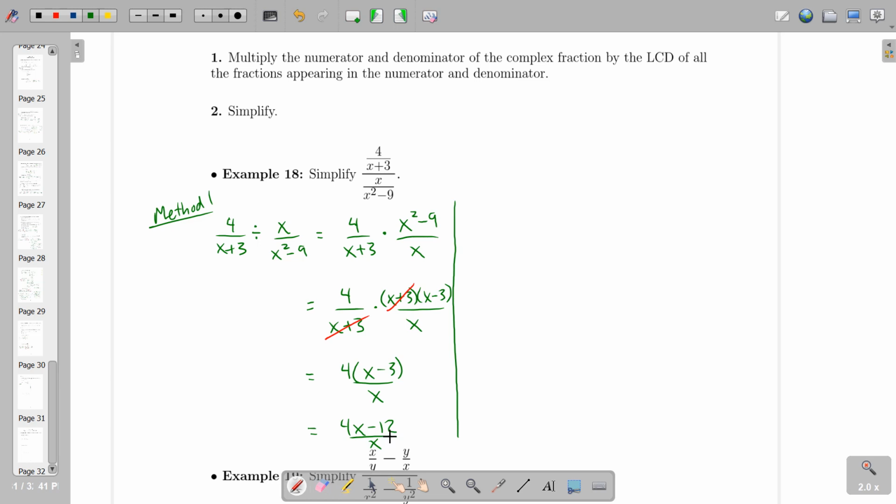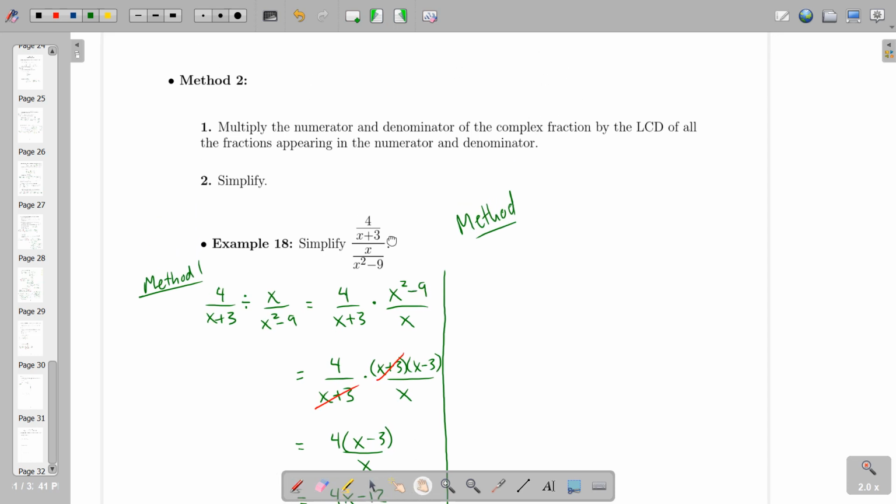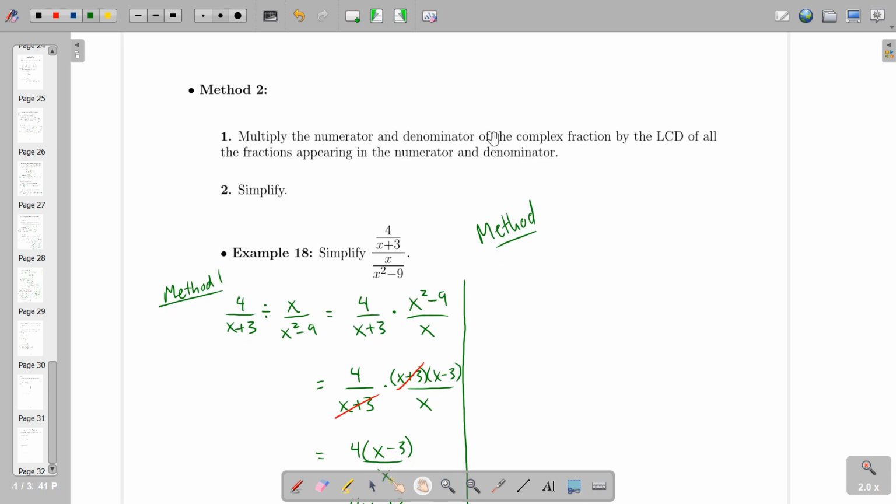So there's our simplified answer there. Now method 2, though, still what we're going to do here is, instead of turning it into a division problem, we're going to multiply the numerator and denominator of the complex fraction by the least common denominator of all fractions appearing. Okay, so here's what that means. The denominator of the top fraction is x plus 3, and the denominator of the bottom fraction is x squared minus 9.